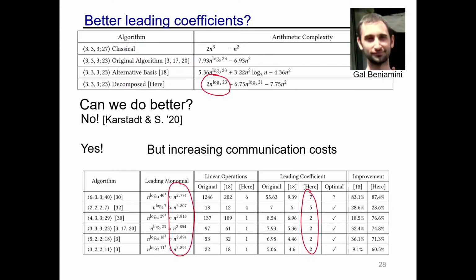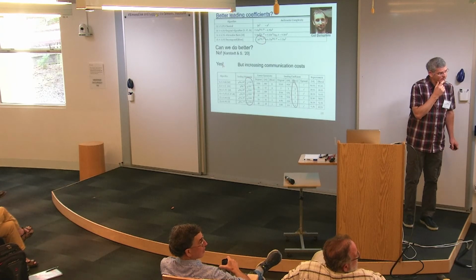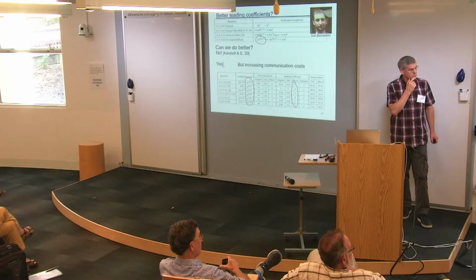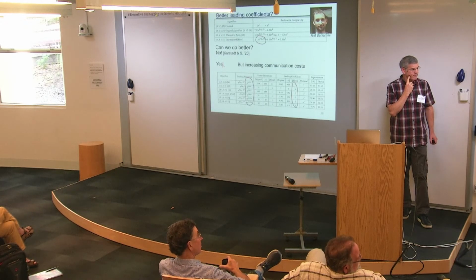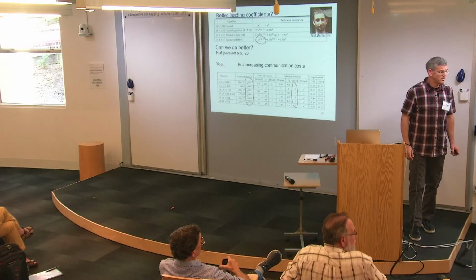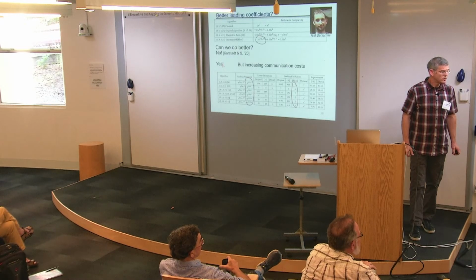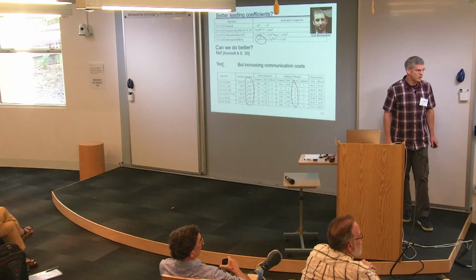Do you assume that you fix some algorithm and you just ask, what's the best alternative basis for it? What's the best decomposition? There's some fixed initial algorithm, right? Exactly. And in order to have leading coefficient 2, what you need is that you have repeating rows in your UVW matrices.